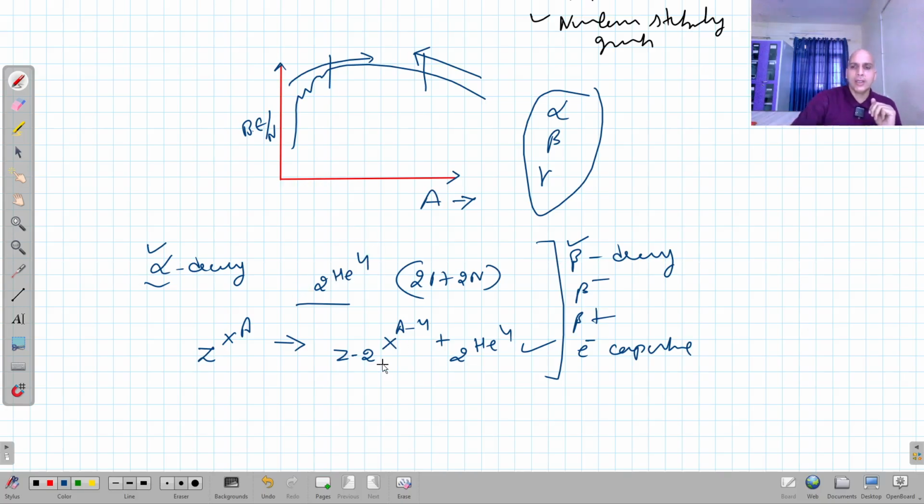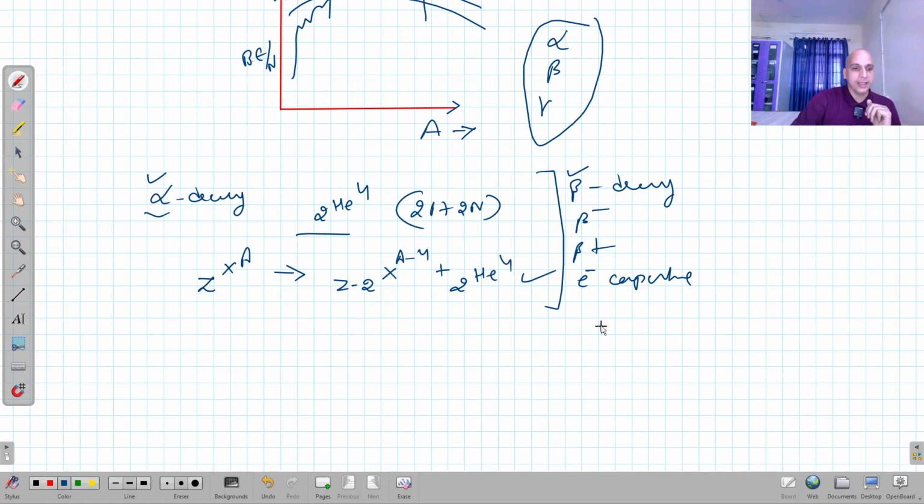So we call these particles beta particles, right? Now if I talk about the beta decay, as I told you, I can have three types of process. Beta negative decay means emission of an electron, right?